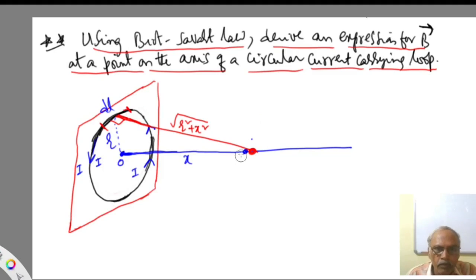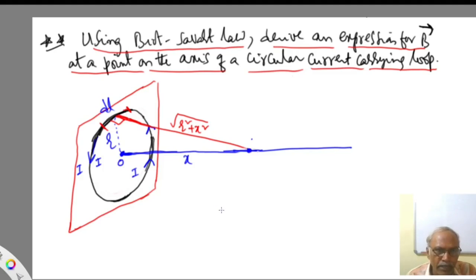Now, at point P, we find the magnetic field. We apply Biot-Savart law to find the magnetic field at point P due to one dl.